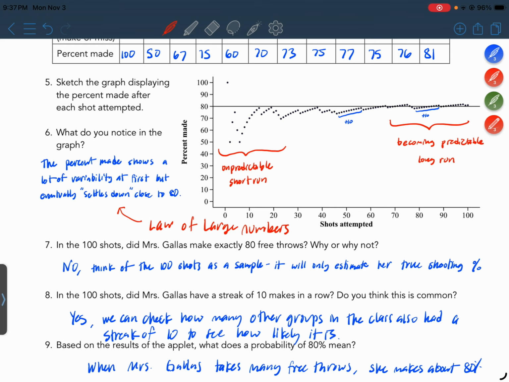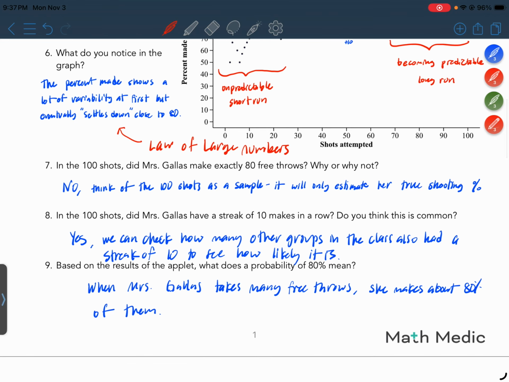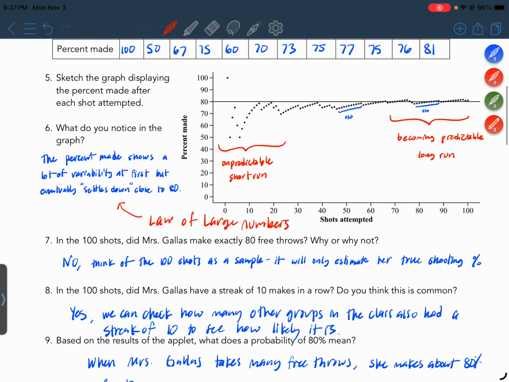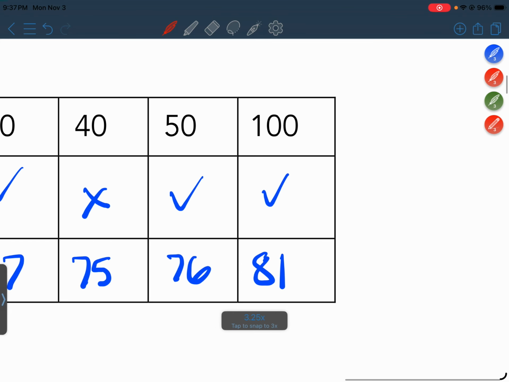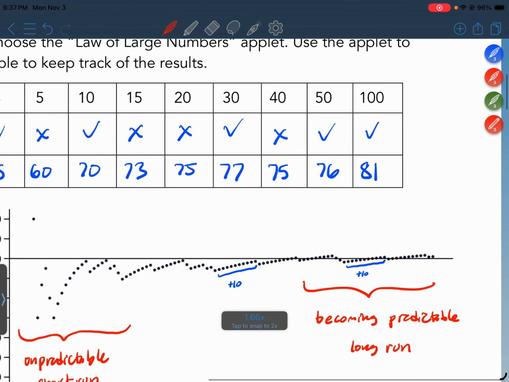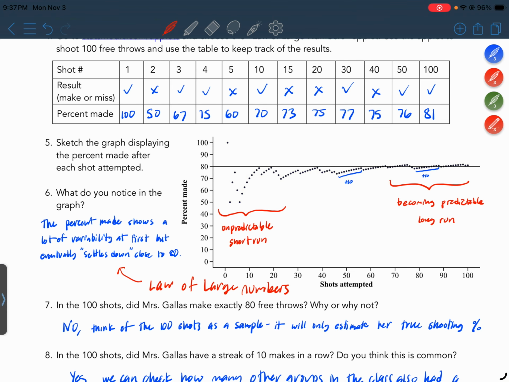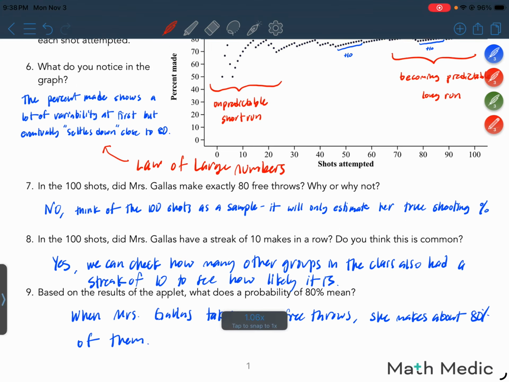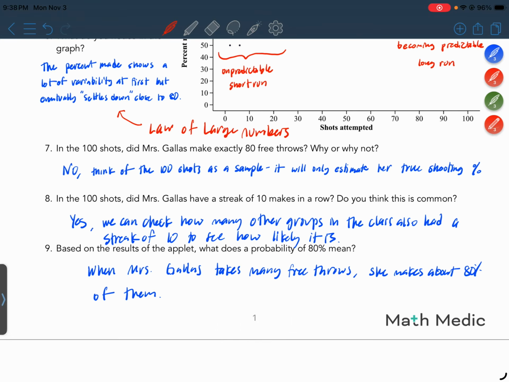All right, let's look at question number 7. Did she make exactly 80 free throws? Well, in my 100 trials, she made 81, so she did slightly better than we expected. Your group might have gotten 80, might have gotten something less than 80 or greater than 80. It really just depends, right? The idea here is we want to think of these 100 shots as a sample, and that sample is only going to estimate the truth.